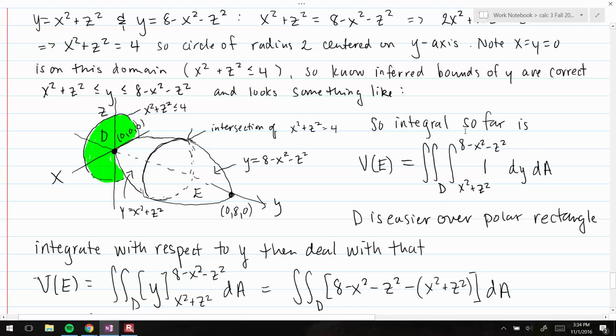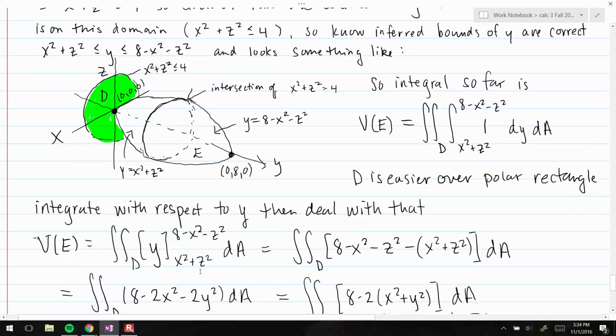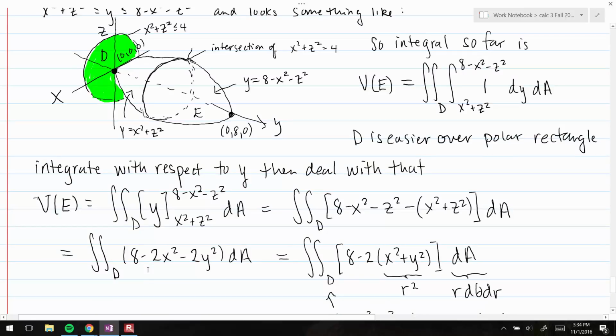Then it'll be a pure double integral that you can handle. That's an easy integral. We just get y, then plug in our limits of integration, do some simplifying, and this is where we have a double integral. We've taken care of that innermost part of the triple integral.